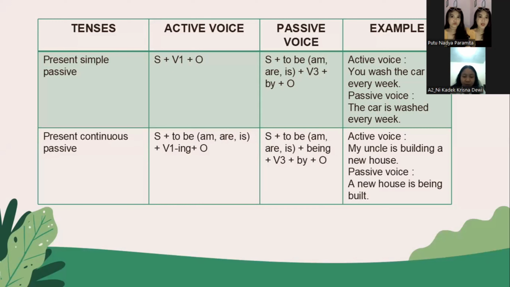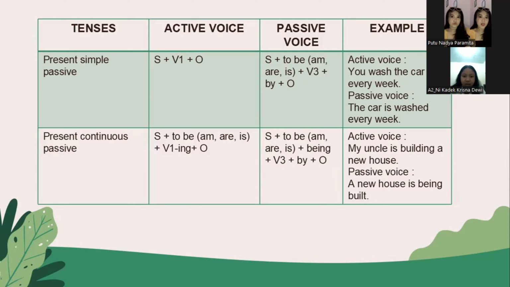And the pattern for passive voice is subject plus to be plus verb 3 plus by plus object. For the example, active voice is: you wash the car every week. The passive voice is: the car is washed every week.